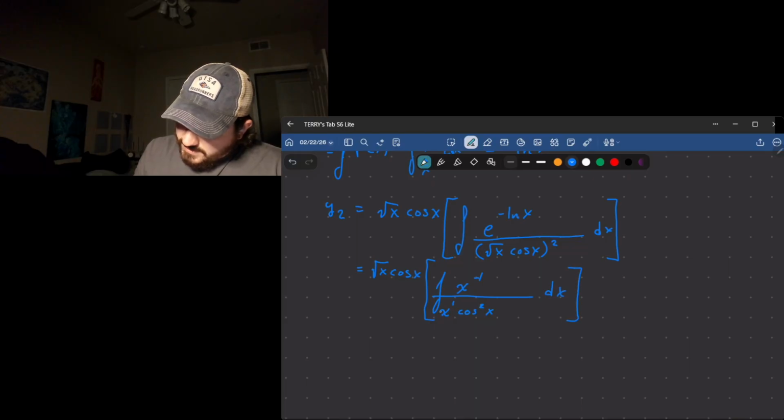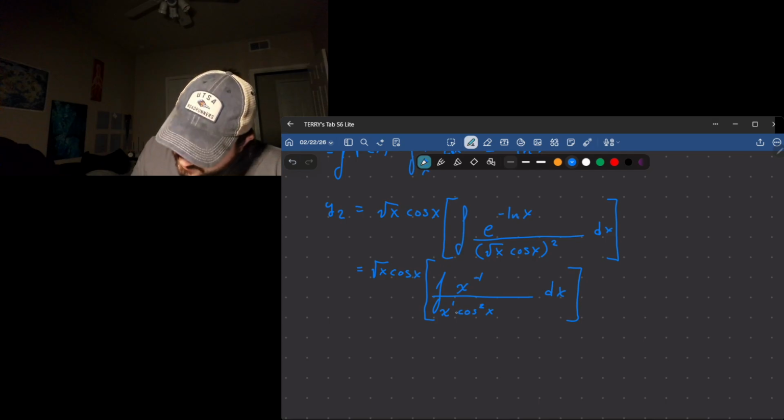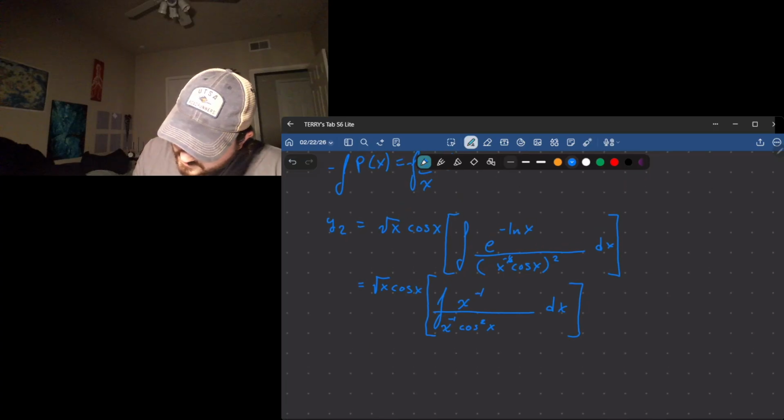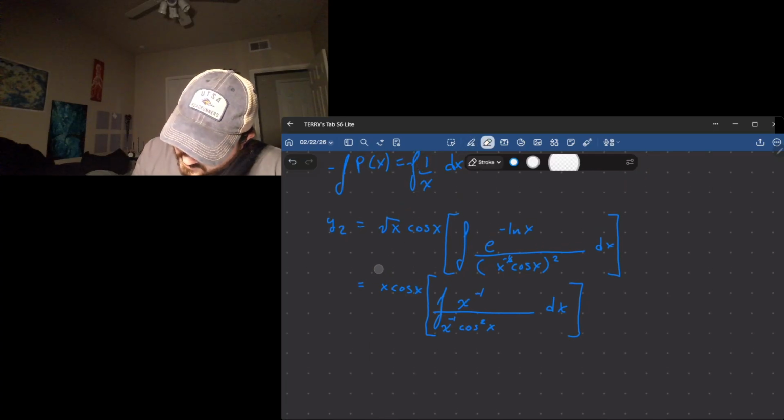Now, x to the 1, x to the negative 1, one of these will go down, one of these will go up. Hold on. Oh, shoot. This is supposed to be negative. Sorry. This is to the power of negative 1/2, and I was just translating it wrong. That is my bad. Which means all of these are wrong also.